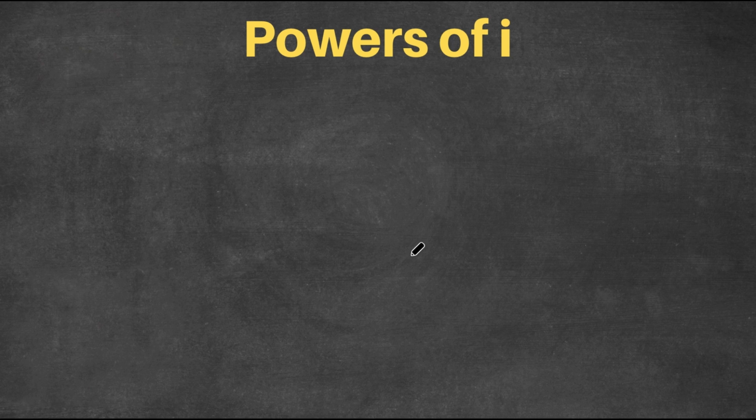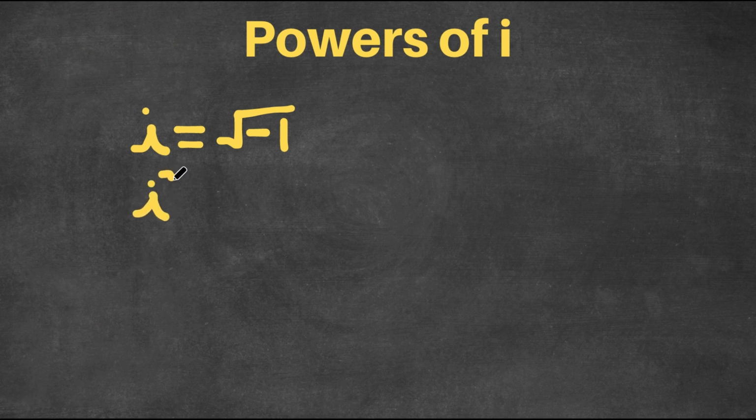In today's video, I'm going to be showing you guys an easy method to find the powers of i. So we know that i, our imaginary unit here, is equal to the square root of -1. And we also know that i squared is equal to -1.